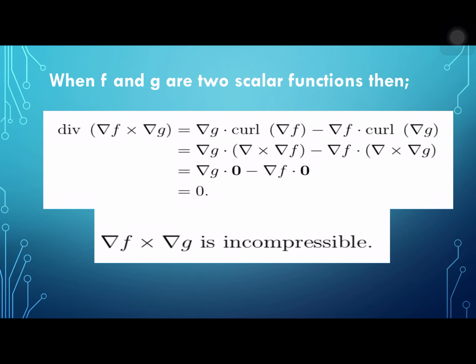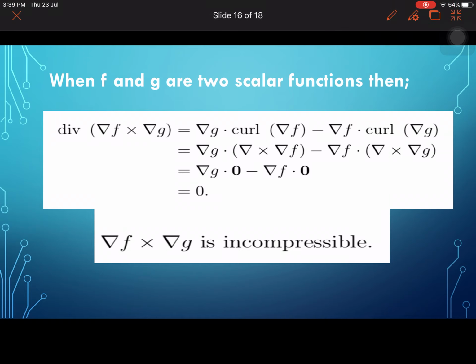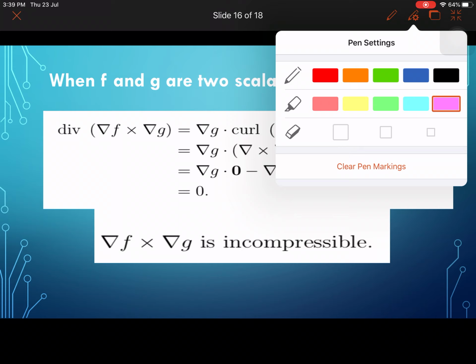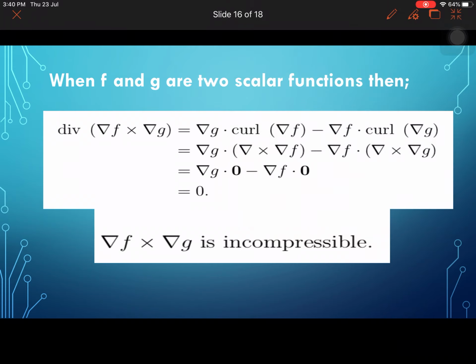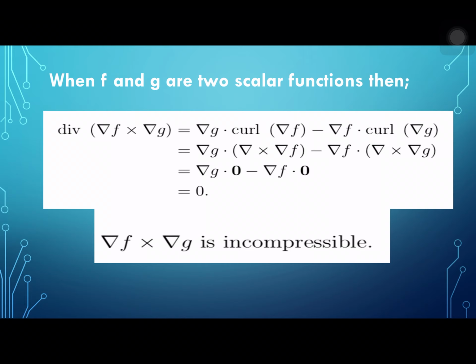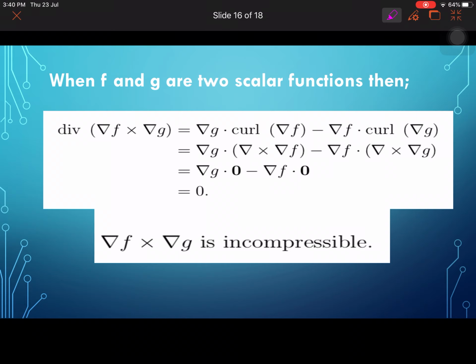Say for example, f is a scalar function and g is also a scalar function, then del f or grad f is a vector. Again, grad g is also a vector.